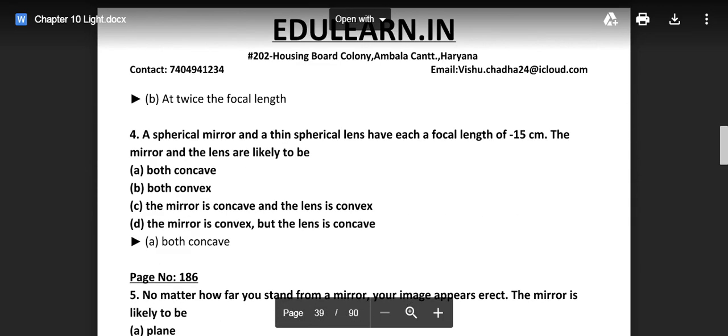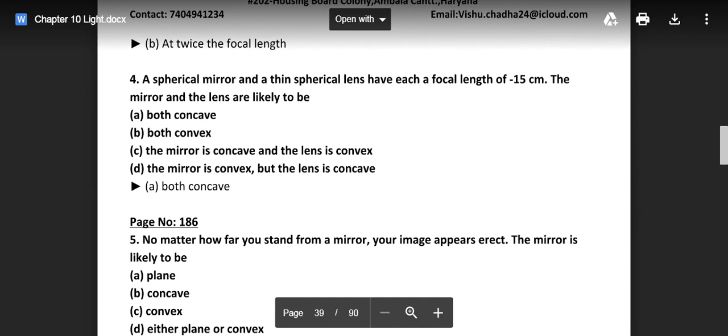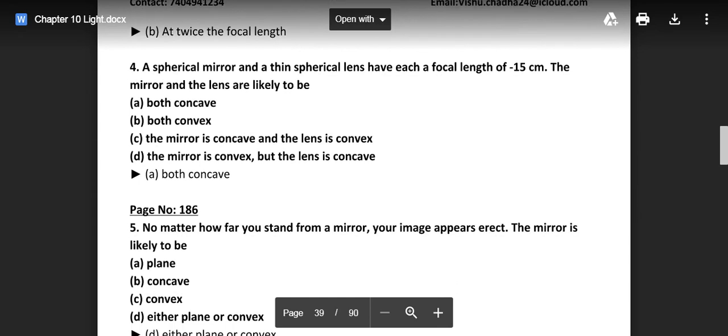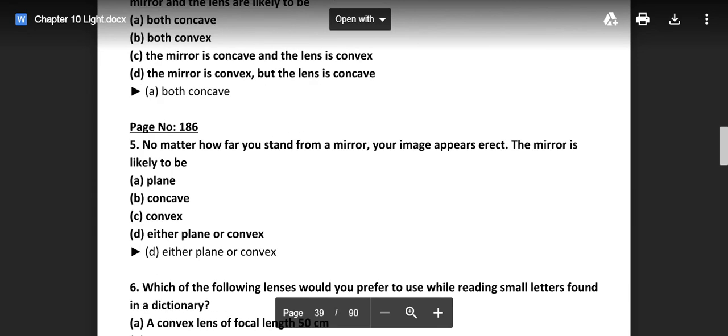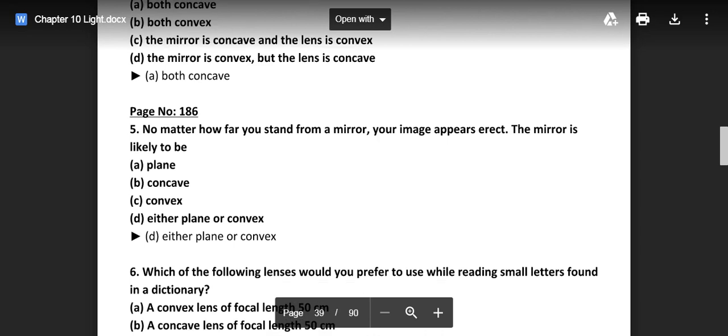You can go through the cases once. A spherical mirror and a thin spherical lens each have a focal length of -15 centimeter. The mirror and the lens are likely to be concave, obviously, because the focal length is negative. No matter how far you stand from a mirror, your image appears erect.